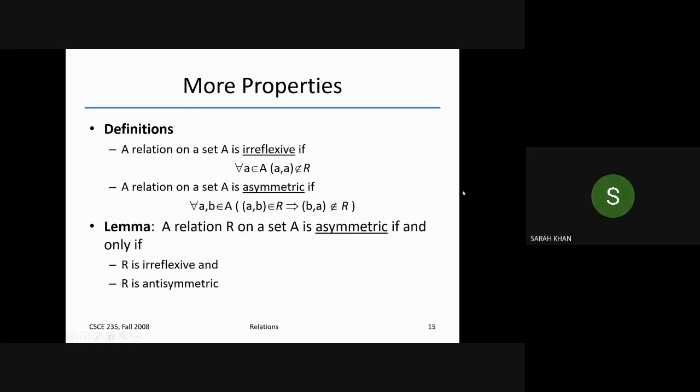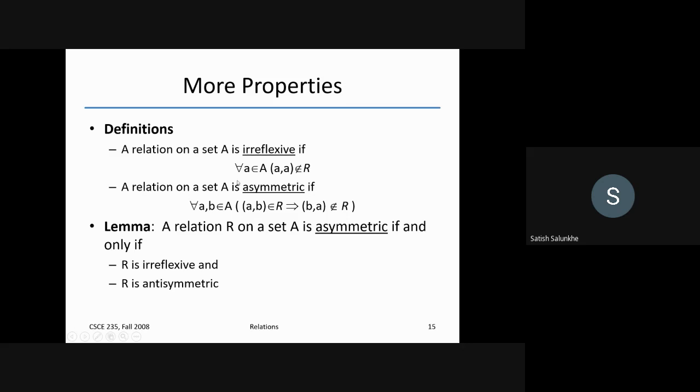Yeah. So when the relation is asymmetric, for all (a, b) belongs to R, (b, a) does not belong to R. Obviously, a relation R is asymmetric if and only if it is antisymmetric and it is irreflexive. Why irreflexive? This is just a lemma. When a relation is asymmetric, then it is by default irreflexive as well as antisymmetric.